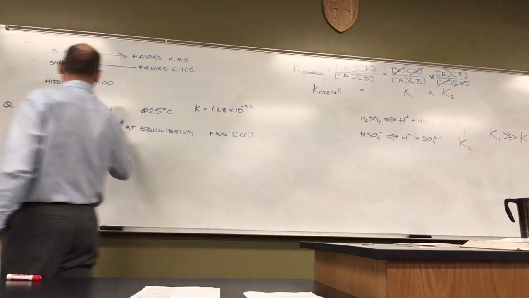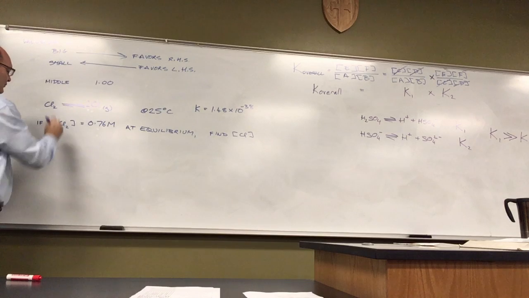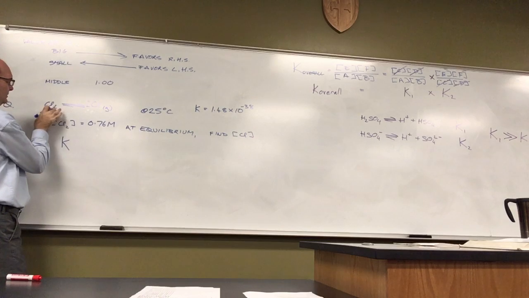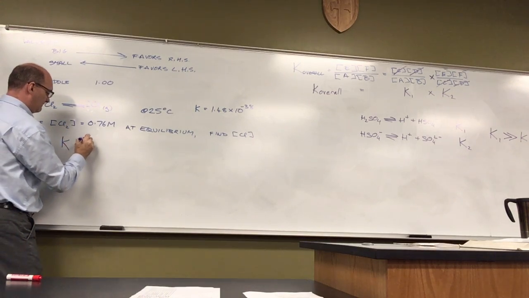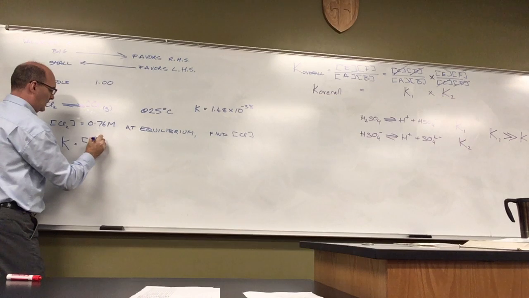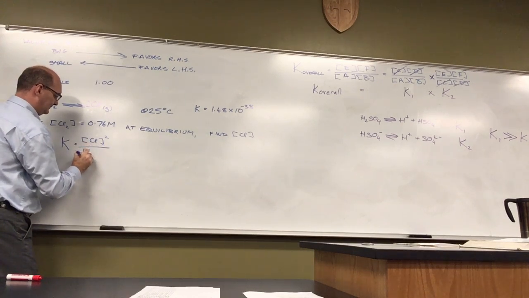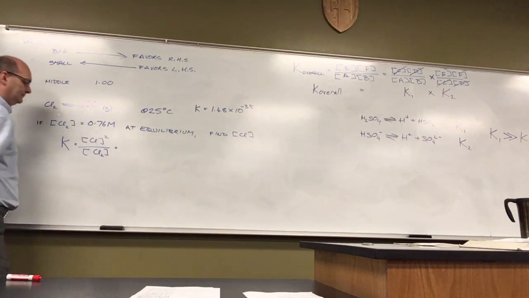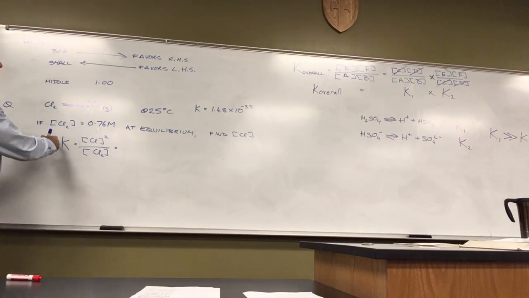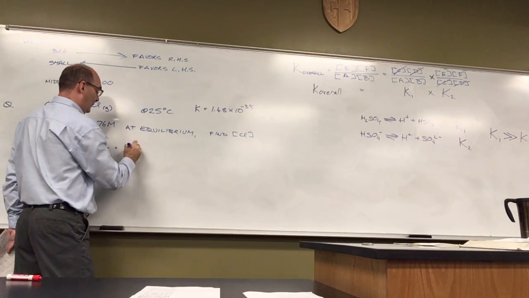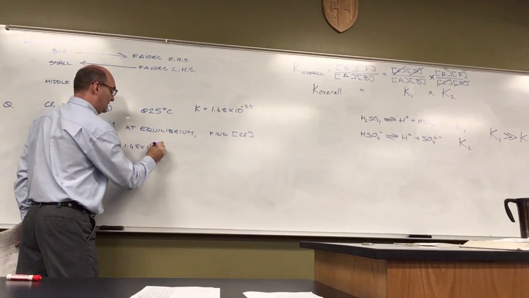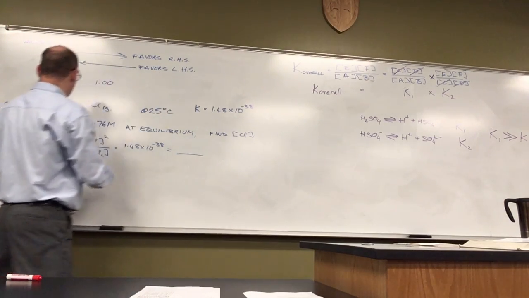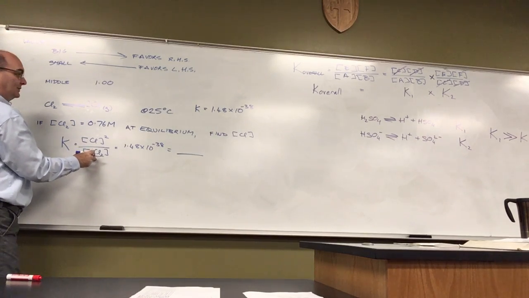Okay, so what you do is you write, look, I know what I've got right here: product over reactant. And I now know that 1.48 times 10 to the negative 38 equals, and I know what one of these concentrations is, because it's in the question.